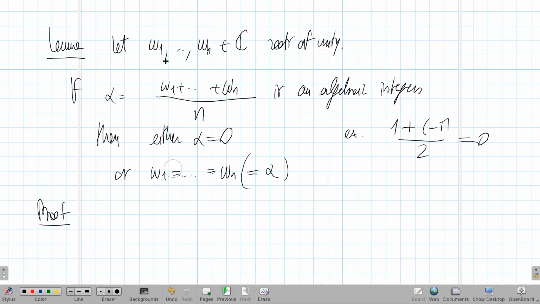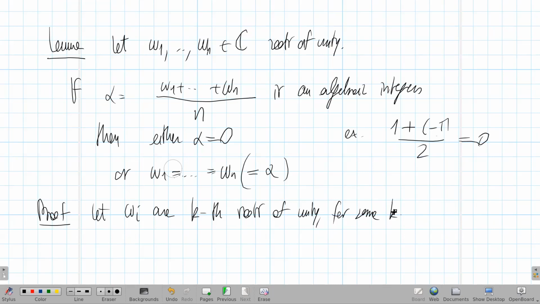So for instance, if one is a second root of unity and another one is a third root of unity, then they are both sixth roots of unity. Because if something squared is 1, then something to the sixth is 1, and similarly if something cubed is 1. So assume that the omega i are kth roots of unity for some k.